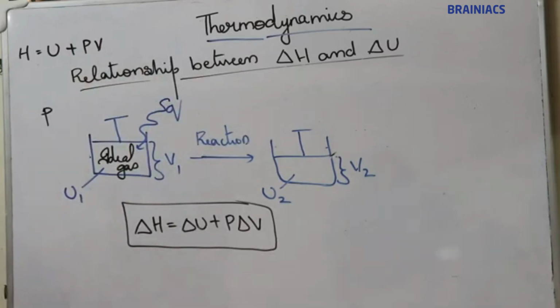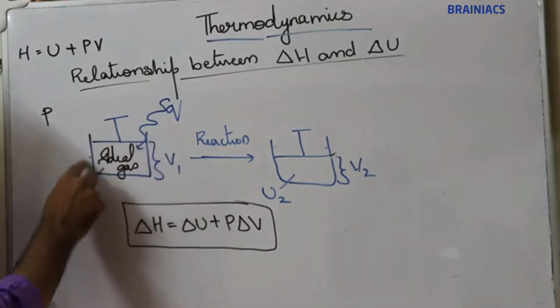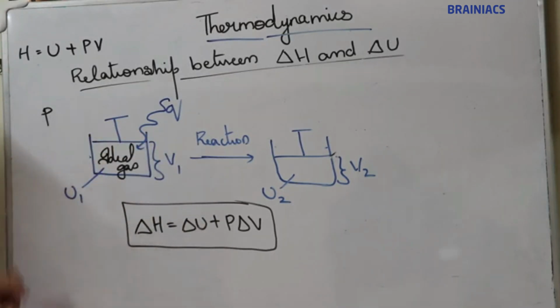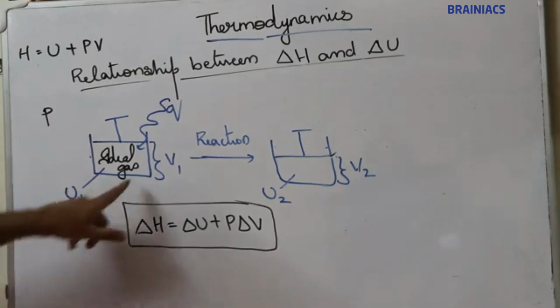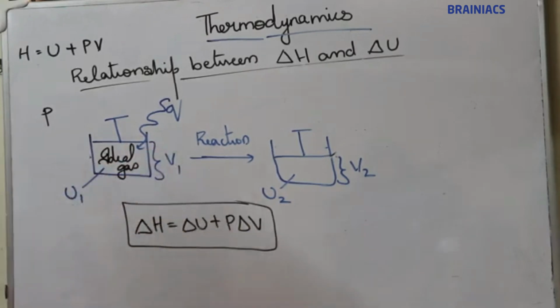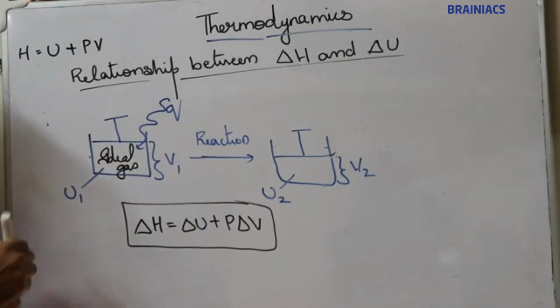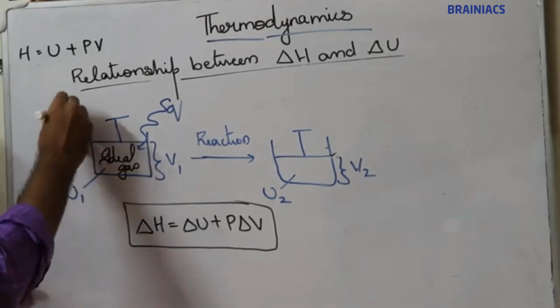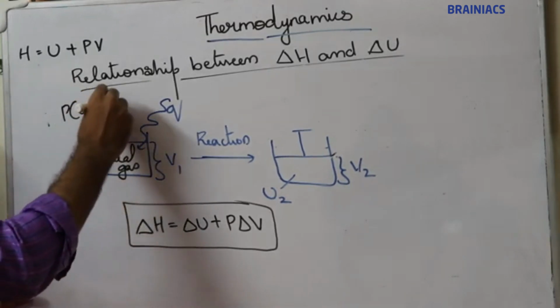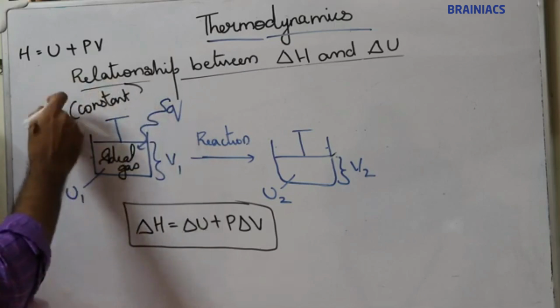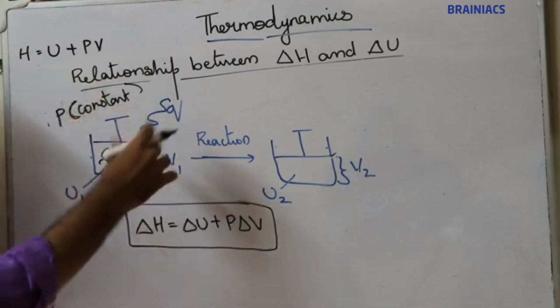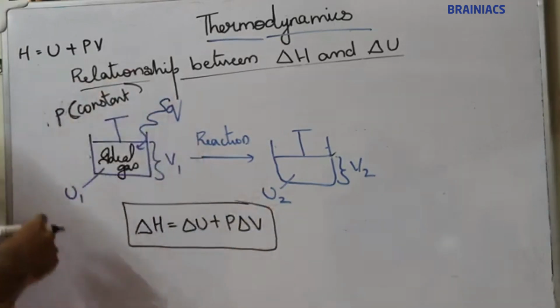Now we are going to derive one more equation. Consider an ideal gas filled in a system. Let the internal energy be U1 and its volume be V1. The reaction always occurs at constant pressure; we discussed all these topics in our previous class.